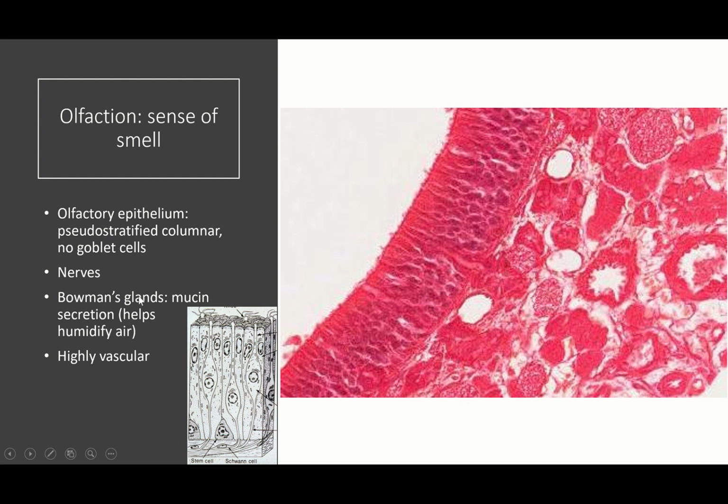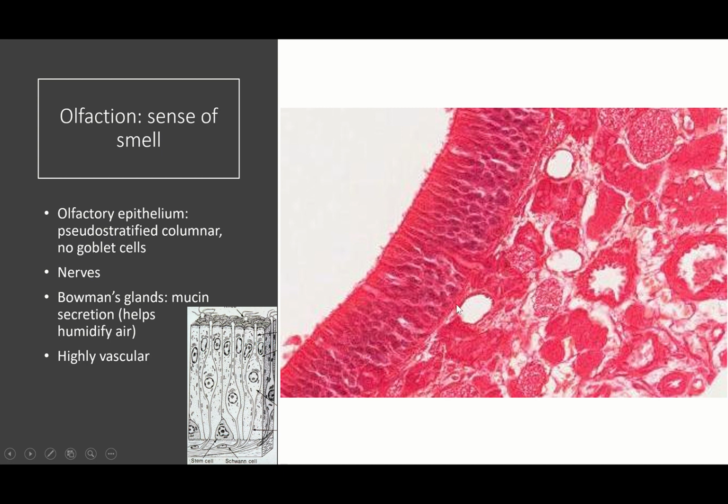And then we also have Bowman's glands. So Bowman's glands are going to be these kind of darker red bundles in here. Okay, and those are glands that are secreting mucin, which is a product of mucus, or it's a part of mucus, right? So we're secreting mucin, so we're going to have a bunch of mucus up here, and again, that helps humidify the air, right? So we're already starting to help humidify the air.